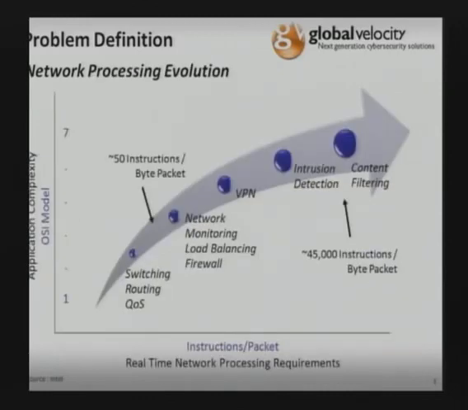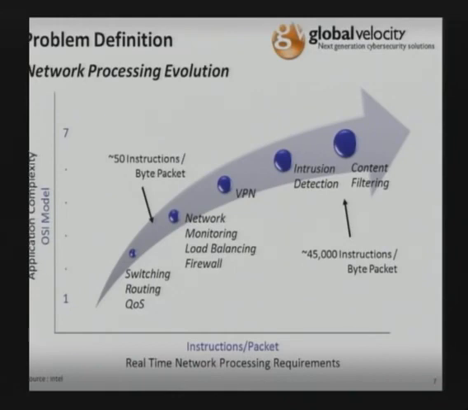At the same time that we're looking at these vast speed increases, we're also seeing exponential growth in instructions per packet in terms of processing on the network. If you back up to the days when all we did was route, when we started interconnecting networks using switching and routing, we're talking about 50 instructions per packet or so. In today's terms, that's nothing, right? In those days, it was considered quite a feat to take that kind of computational action on packets flowing across a high-speed network.